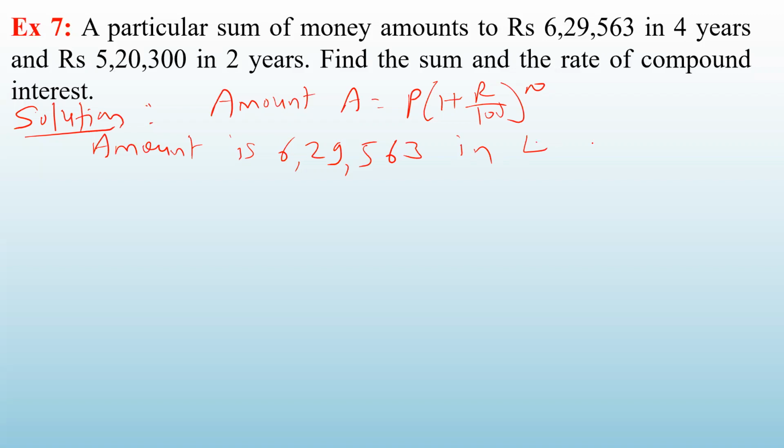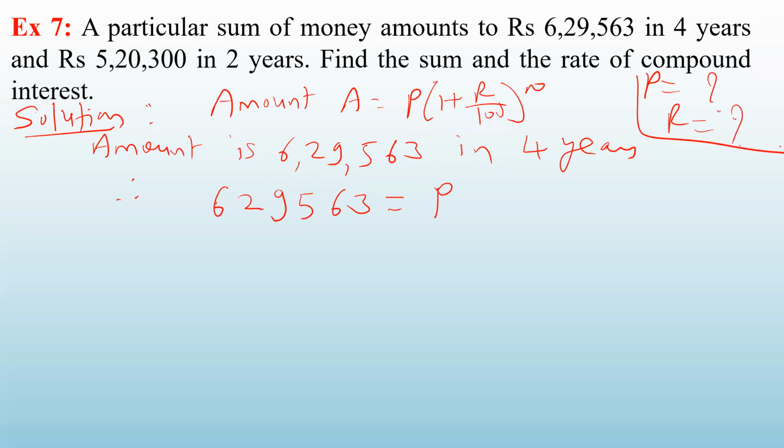In 4 years. Okay, so therefore what equation you will get? A is this. And find the sum. You have to find out here P and also the rate R. Both you have to calculate. So P is not given, you just put P as it is. R is also not given, put R as it is. N is given to you as 4. Okay. So this you get as one equation.